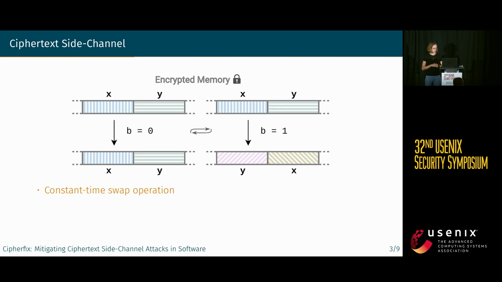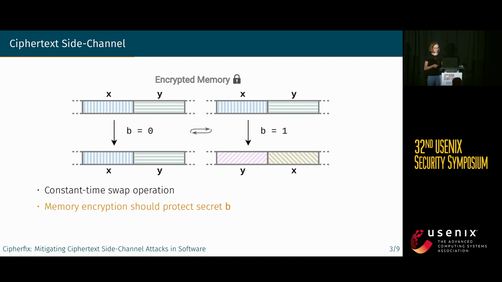Now we have some secret decision bit B, so we have two possibilities: B can be 0 or B can be 1. If our bit is 0, then we don't swap these two values, whereas if the bit is 1, then we swap the values. Generally, this memory encryption from the trusted execution environment should protect our secret.